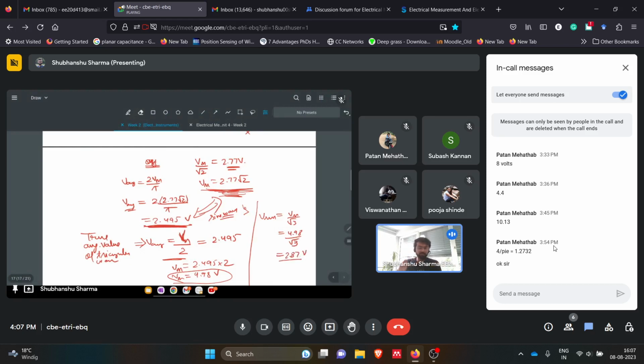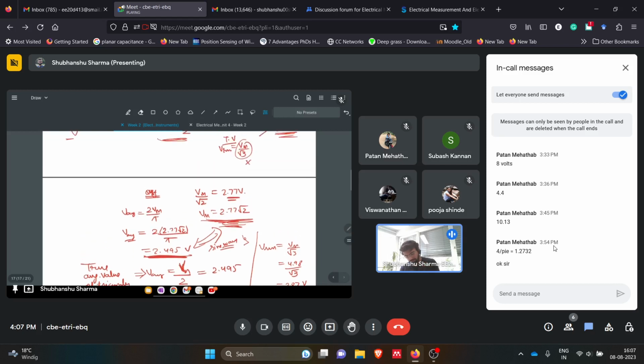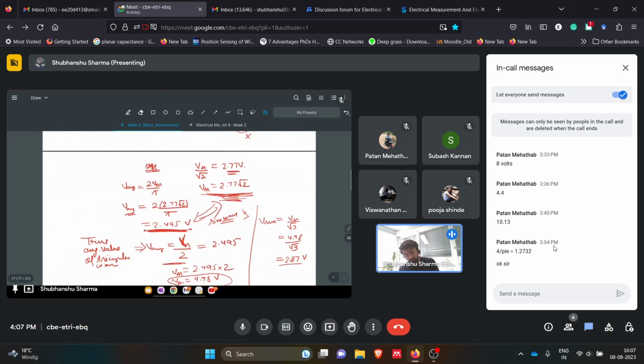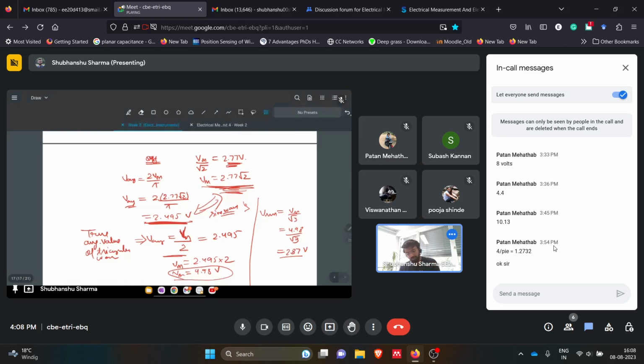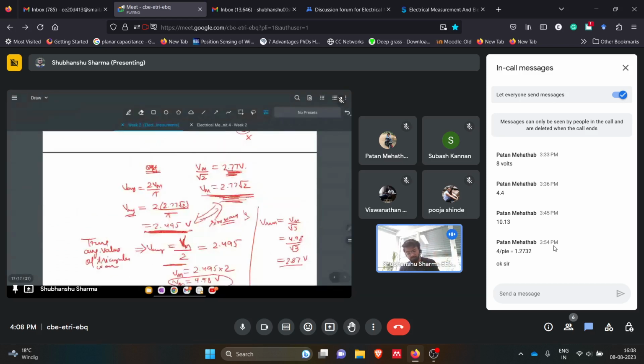So what does this answer mean? Initially the question said it measured 2.77 volts, but this is according to the sine wave calibration. So we did some back engineering. We had 2.77 volts, which is Vm by root 2 because of the sine wave calibration.